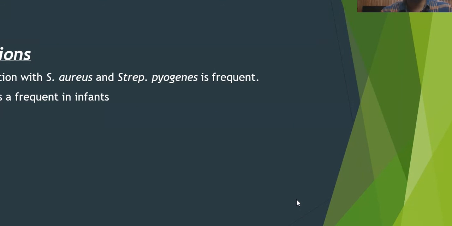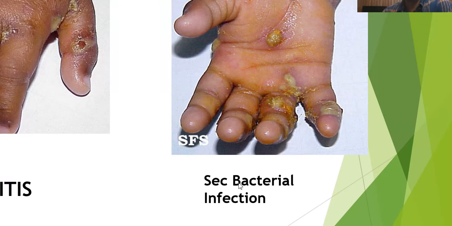As we have talked about, what can be the complications of scabies? Apart from severe itching, there can be secondary infection of the skin with Staphylococcus aureus and Streptococcus pyogenes, and there can be eczema of the skin in infants. Here you can see on the right side there can be severe secondary bacterial infection.